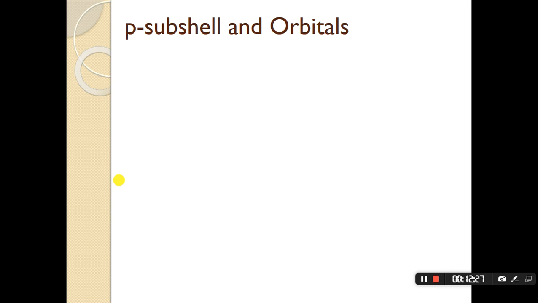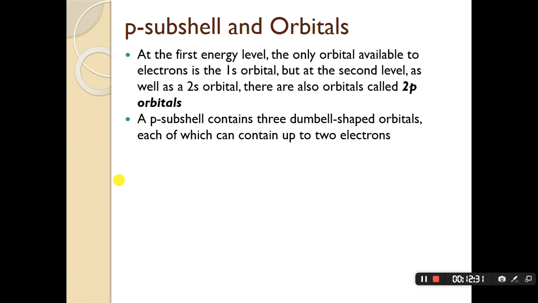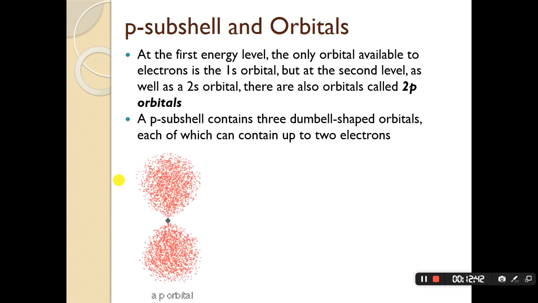something that contained 3 orbitals, and those 3 orbitals were at the same energy level. Now these orbitals are not spherical in shape. They are in fact dumbbell shaped, and what that looks like is something as shown in the diagram here.